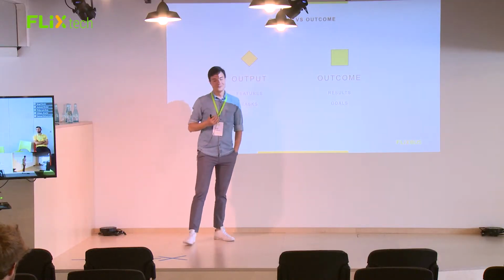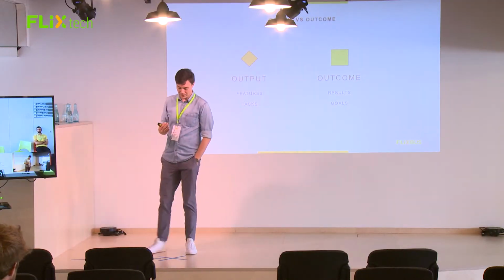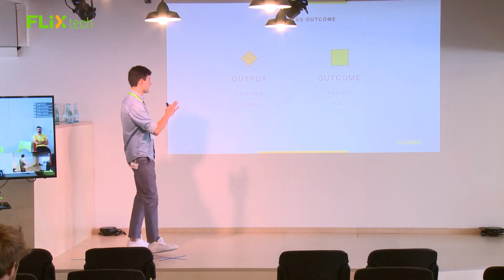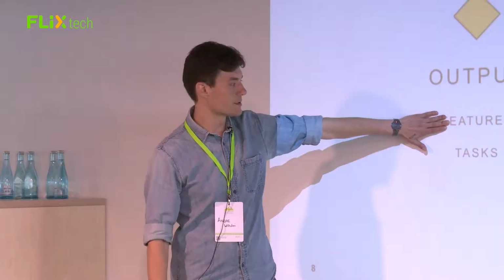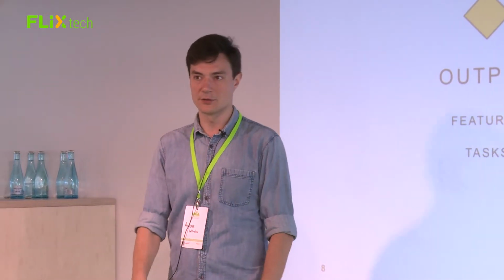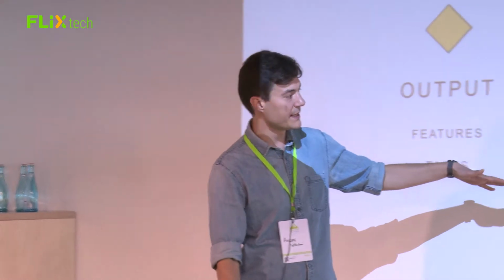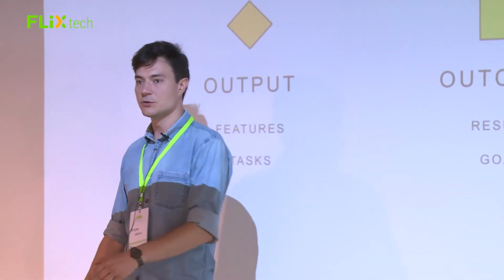So I would say a roadmap is something where you focus on the output, because you're talking about certain things you want to deliver. Thanks, Steffen, by the way. But the roadmap isn't saying why we actually want to deliver them.